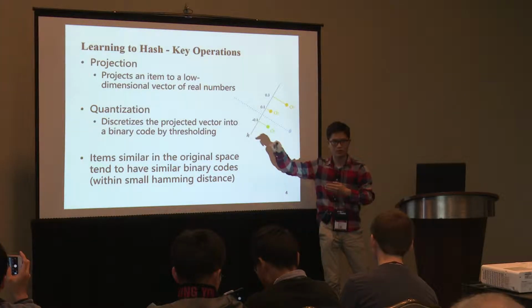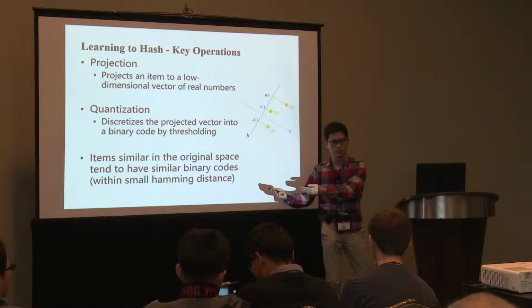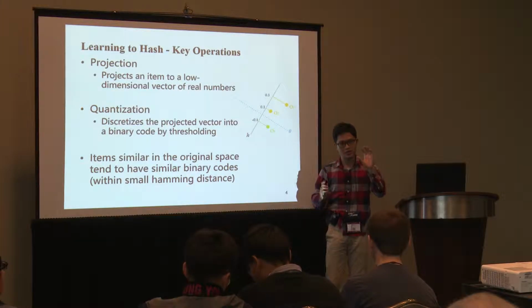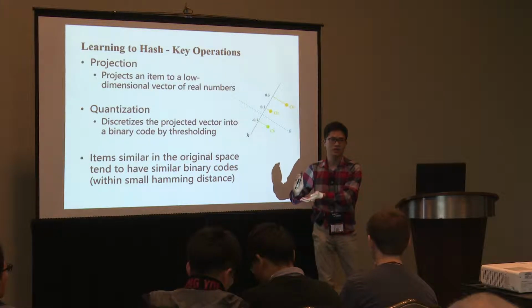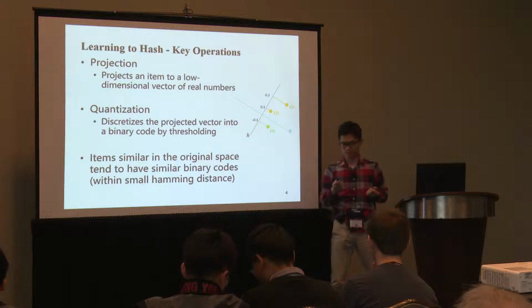And the quantization will quantize this real number vector into a binary code. The key idea behind learning to hash is that if items are similar in the original space, they will tend to have similar binary codes, which means that they will have smaller Hamming distance.